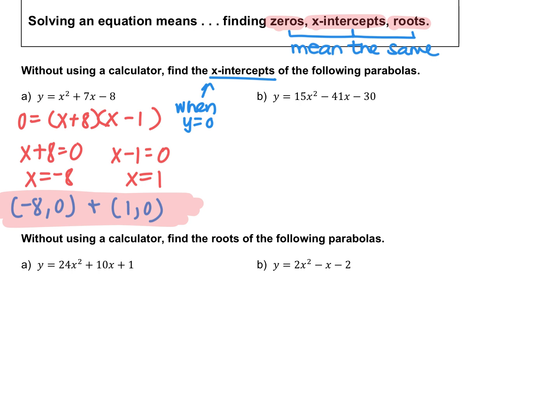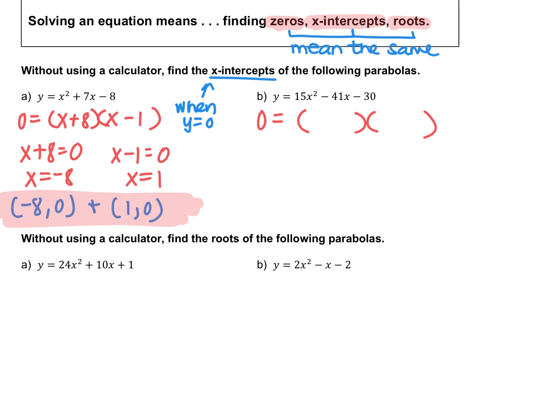Okay, what about the next one? Can I factor it? I wanted to switch to red. So 0 equals, I've got 2 factors.